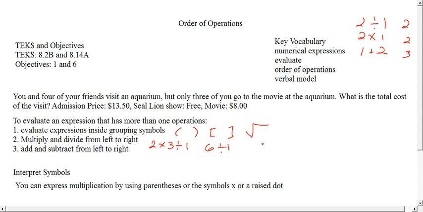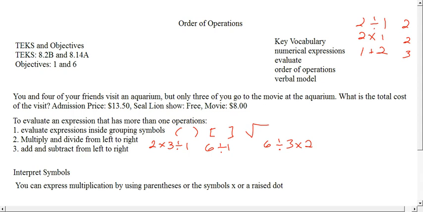Even if you had a problem that says 6 divided by 3 times 2. Looking at this where it says multiply and divide from left to right, a lot of us will think, okay, multiplication came first, so let me multiply 3 times 2.